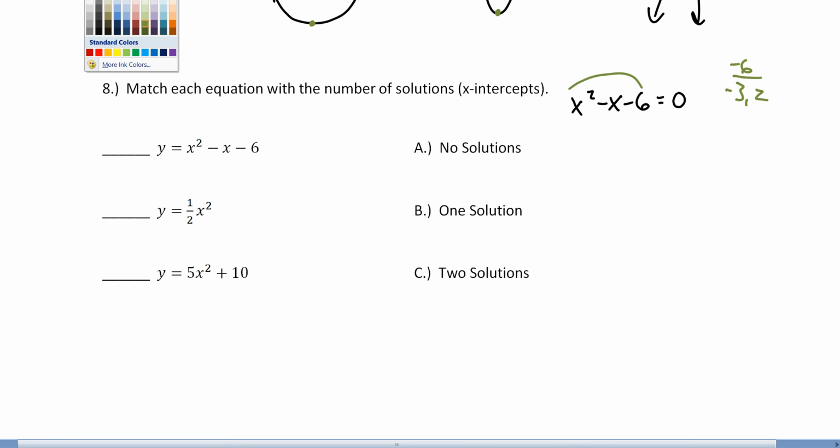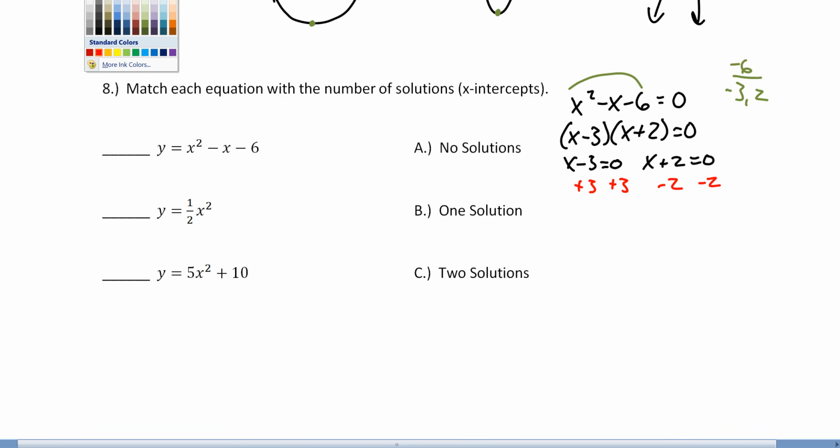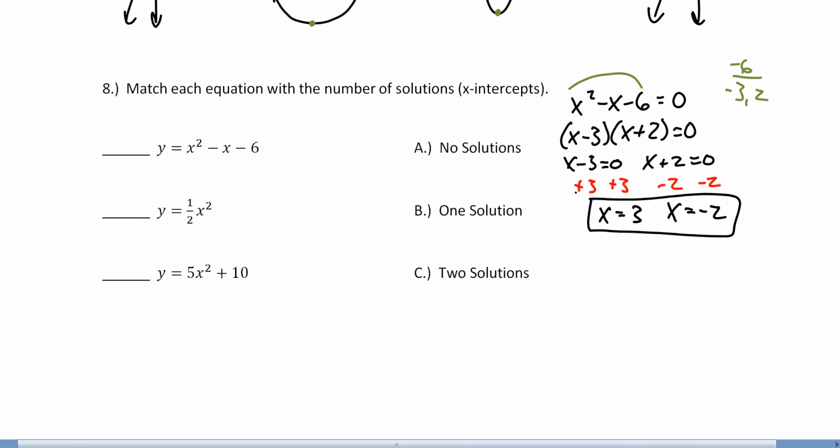So now I can go right to my shortcut for factoring this thing because I have a 1 out front. So it's x minus 3 times x plus 2. And now I can set each factor equal to 0 and solve each. Really, even before I write down my answers here, I can see that I have two answers. So that means there's two solutions here, which is letter C.